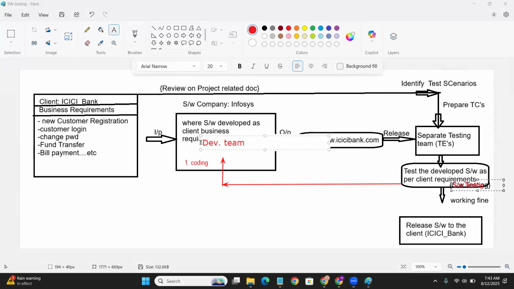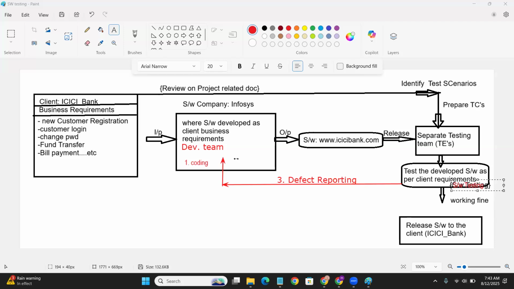This is the activity we call defect reporting. Notifying developers about the defects is called defect reporting.